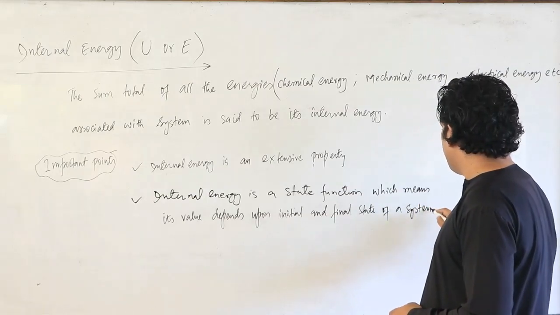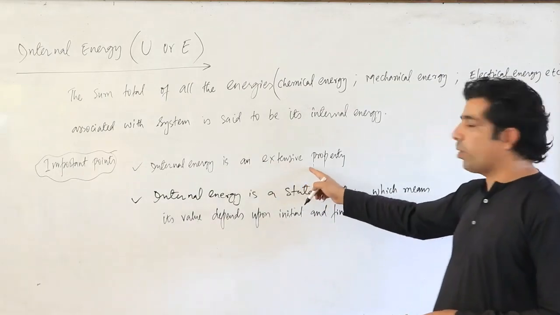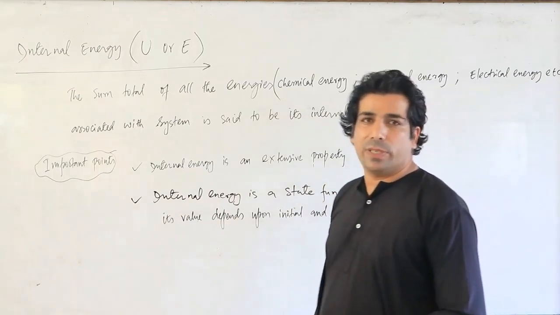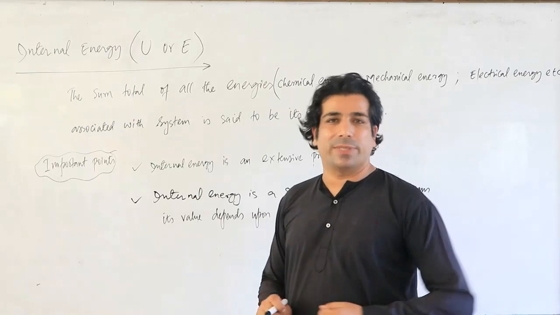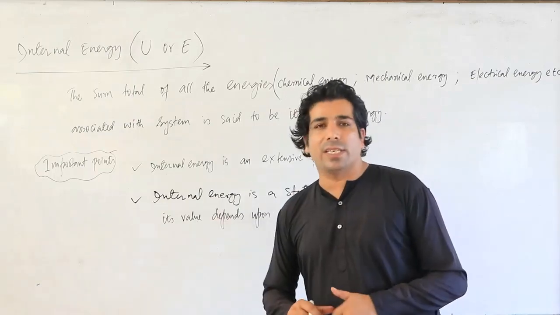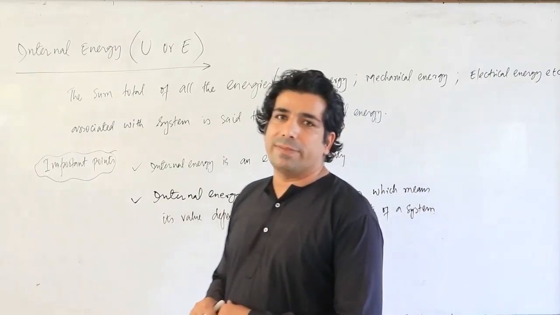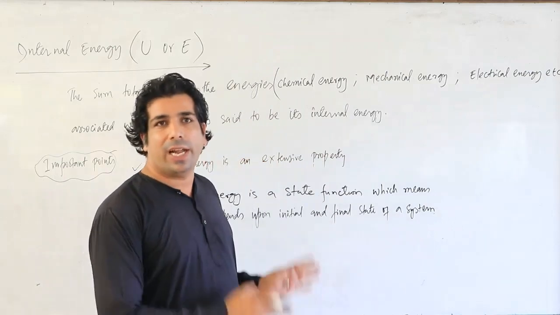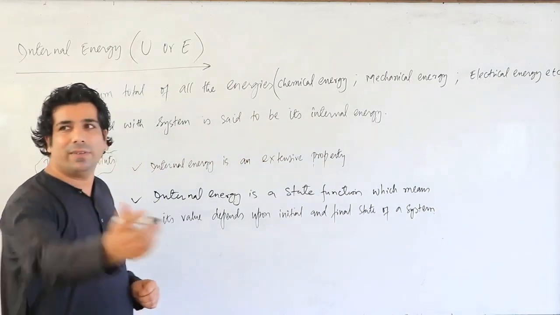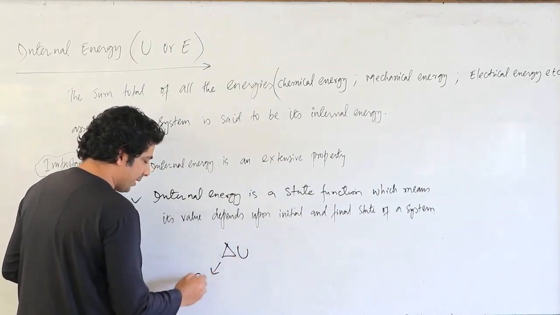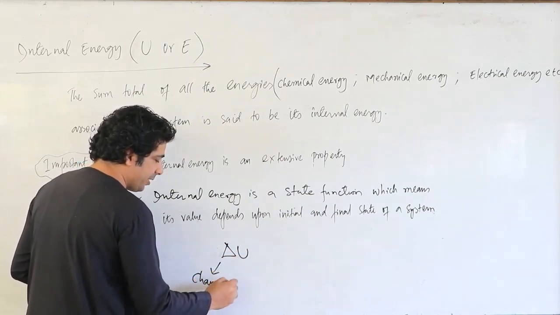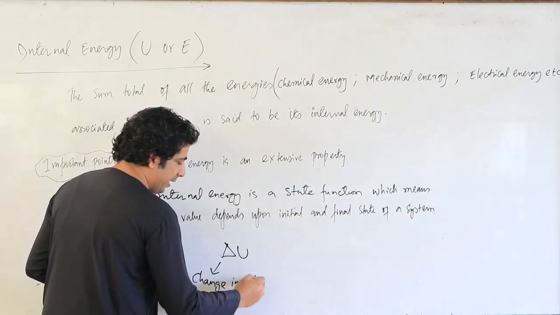And I wrote here, my dear friends, that it's an extensive property. It means its value depends upon the mass of a substance or the size of a substance. Second thing I wrote, internal energy is a state function. Its value will depend upon the initial and final state of a system. Have a look here. If I represent this as delta U, delta U is nothing but the change in internal energy.